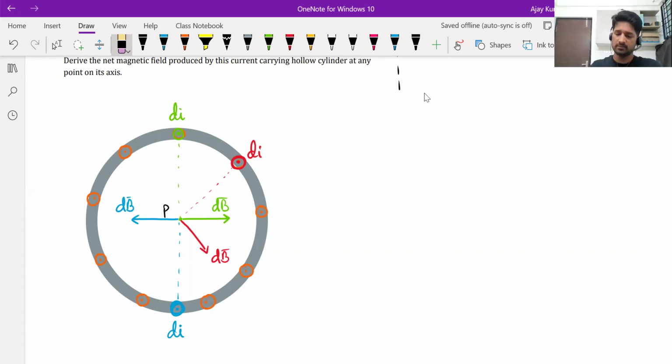So if you combine the effect of all these magnetic fields now, you will have many other magnetic fields, one pointing like this, one pointing like this, one in this direction, and so on. There'll be a magnetic field in every direction because there is a current in every direction. So now tell me, what will be the resultant of all these magnetic fields?